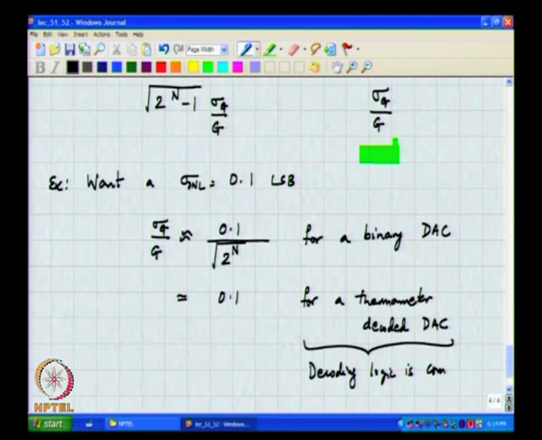Is complex, whereas for a binary weighted DAC, binary decoded or binary weighted is also another common term, you get the logic is lot simpler.